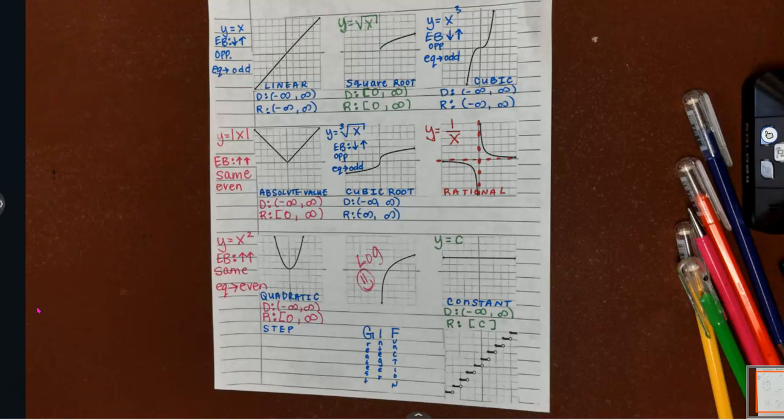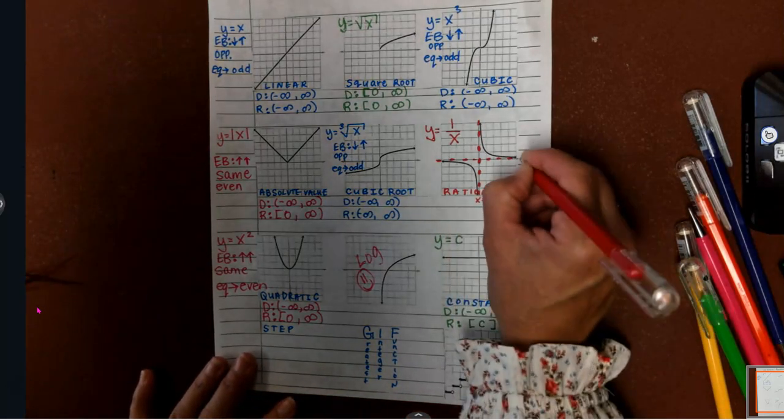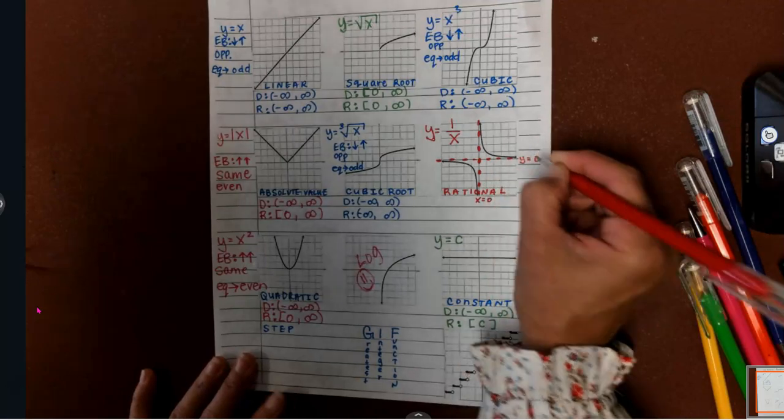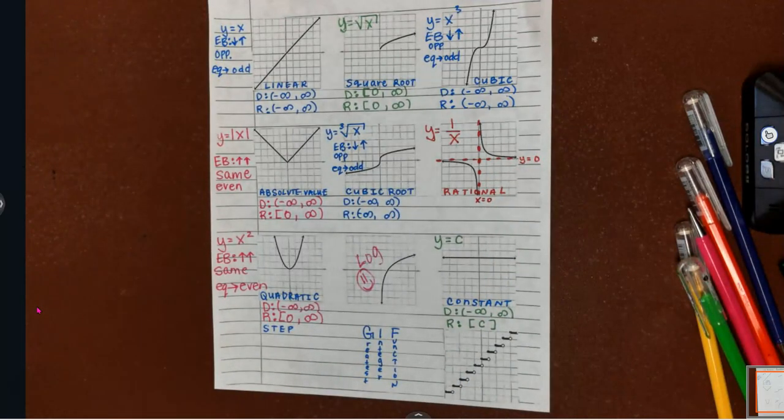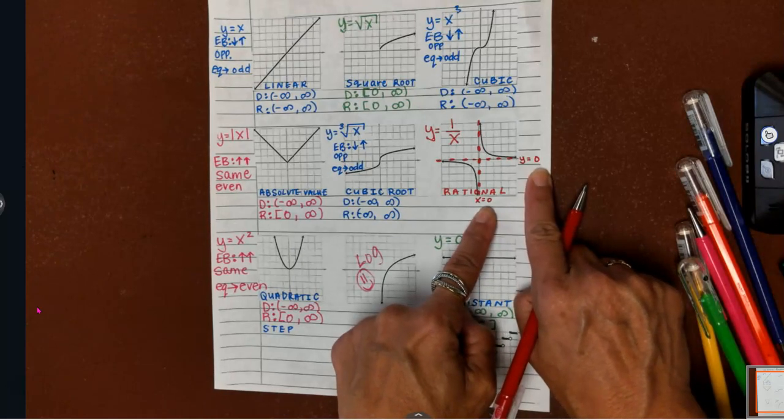In fact, let's label these asymptotes. X equals 0 right there. Y equals 0 right there. It is so easy to write the domain and range after you write the asymptotes. Because when you write the asymptotes, you just talked about what you cannot have.